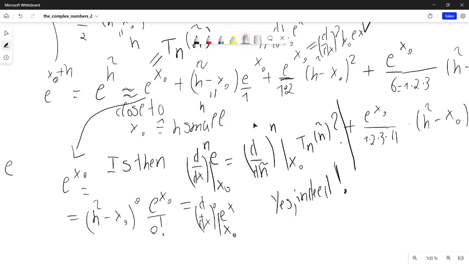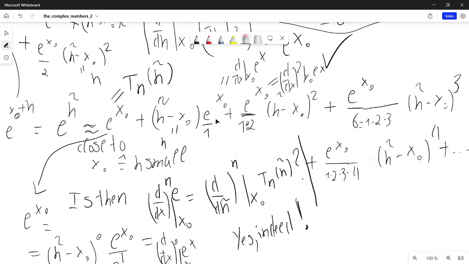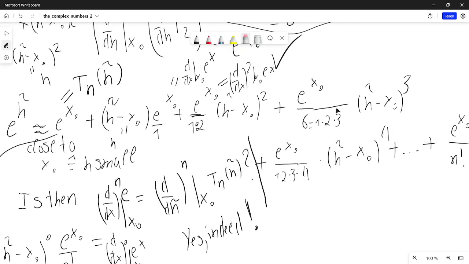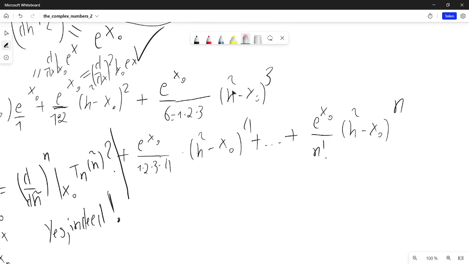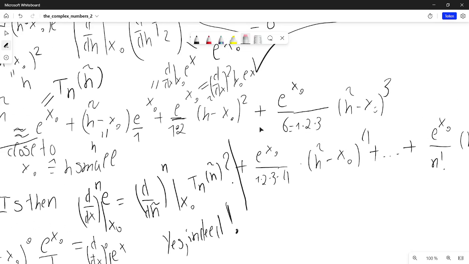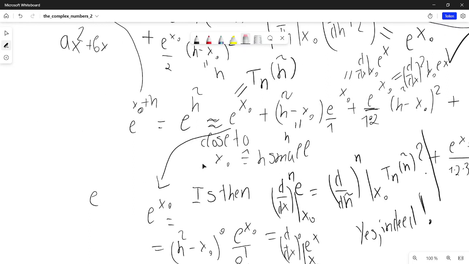Well, you see, plugging in 0, we just have that those things will all become 1, right? And you will just have here h to the power of something and so on. Right. But this only works for small h's. Right. So how do we extend it to larger h?